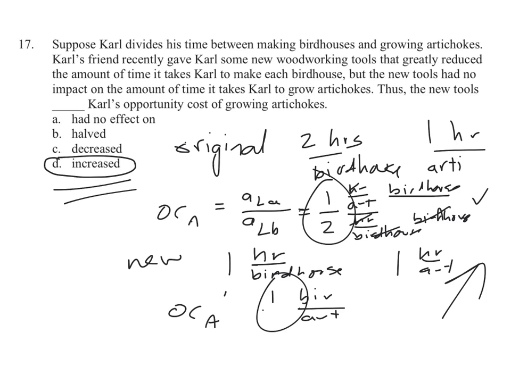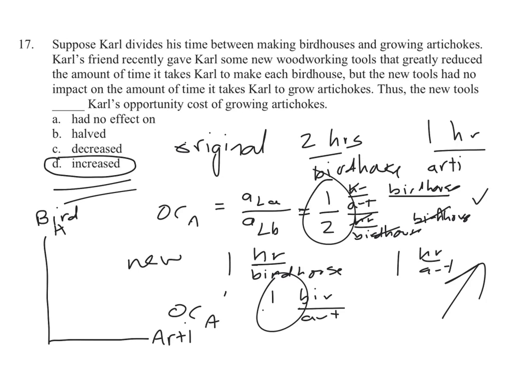And finally, there's another way. You will see that we're going to be working with this stuff a lot in the production possibility framework. And if we thought of Carl having 10 hours per day to put into either birdhouses or artichoke growing, and let's suppose there's this daily relationship.